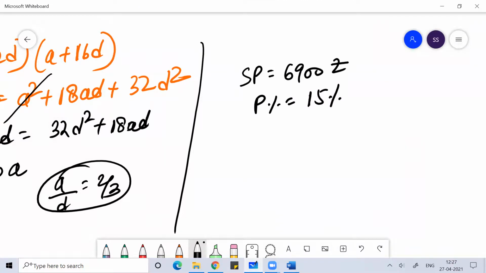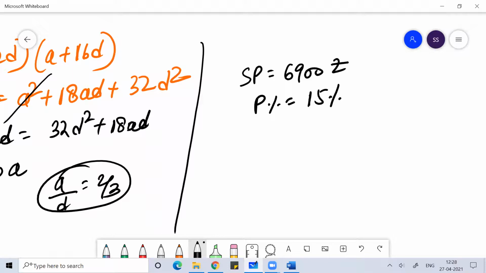You have to understand that whenever you see this data, guys, please, I hope you are attentive, you are listening to me. In the profit and loss chapter, whenever you see profit percentage or loss percentage, make sure it is always calculated on cost price.